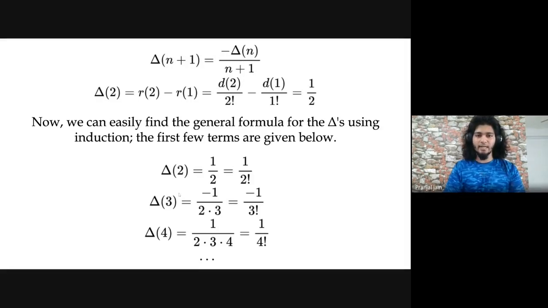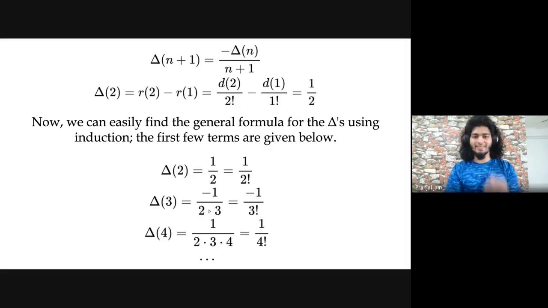So if I want to find delta of 3, I divide by 3 and I take account of that minus sign. So I can rewrite that as minus 1 over 3 factorial. And likewise for 4, once again, this thing goes in the denominator. So you get 2 times 3 times 4, so 4 factorial, and negative of negative is positive. So you get positive 1 over 4 factorial.